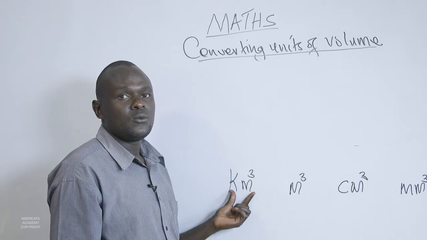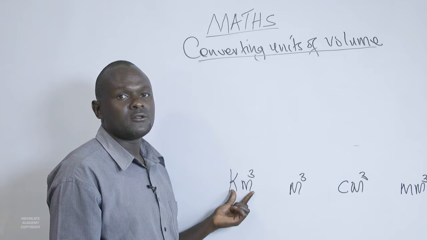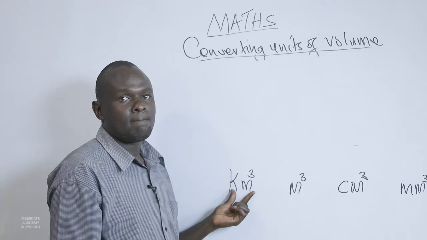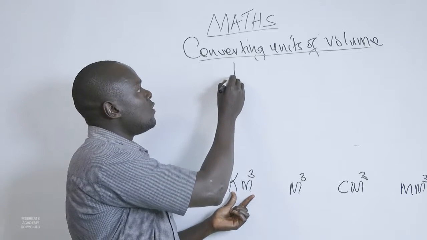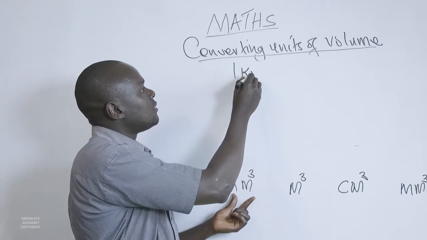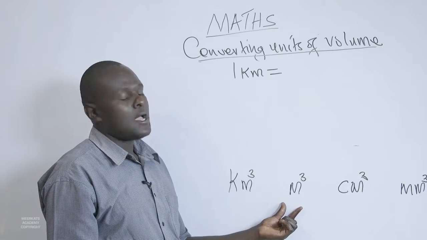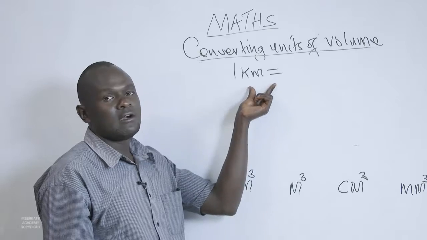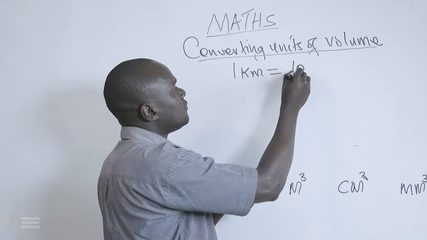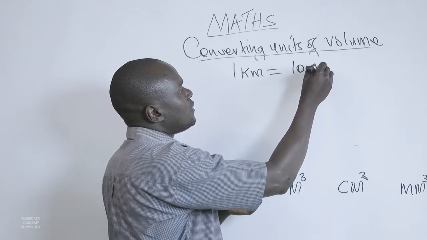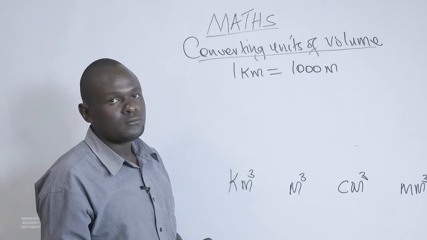We know that this unit is derived from a kilometer. So if we were to have 1 kilometer, and we want to know how many meters we have in a kilometer, we have 1000 meters in a kilometer.